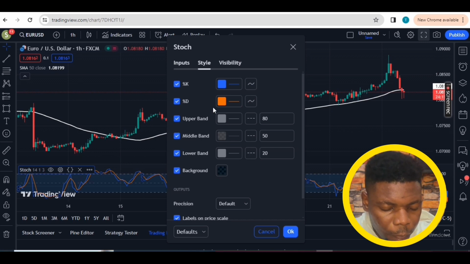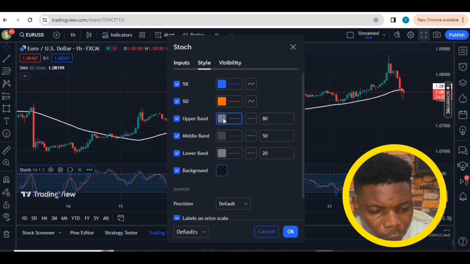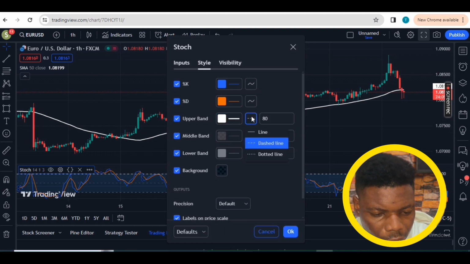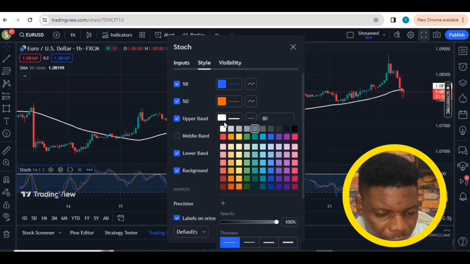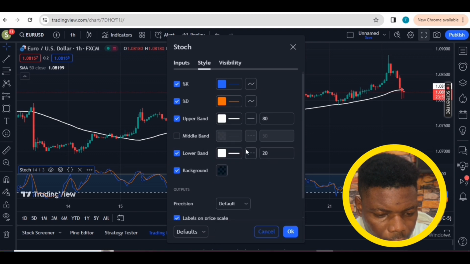So we are going to uncheck and check some things here. Upper band, let's put this as white. Change it from dash line to line so that it can be visible. Then remove this middle band, lower band, put it at white, and here change it to line.